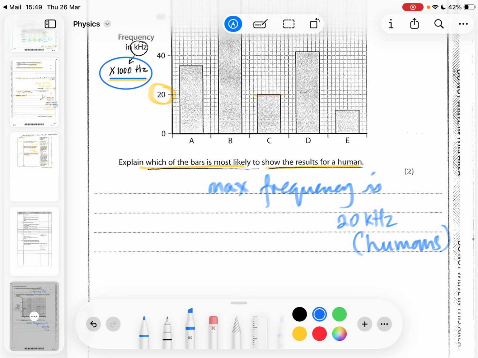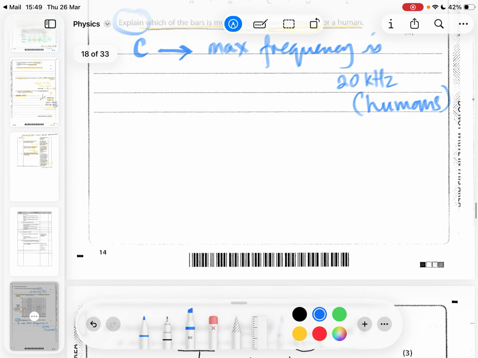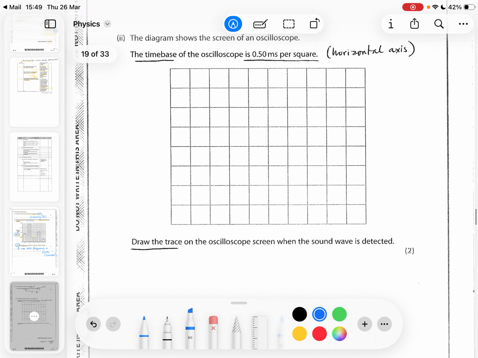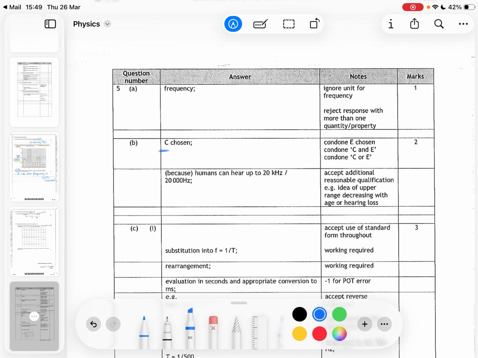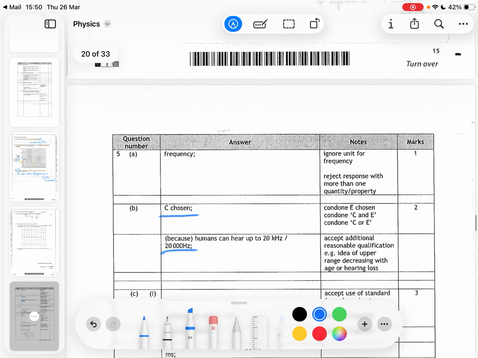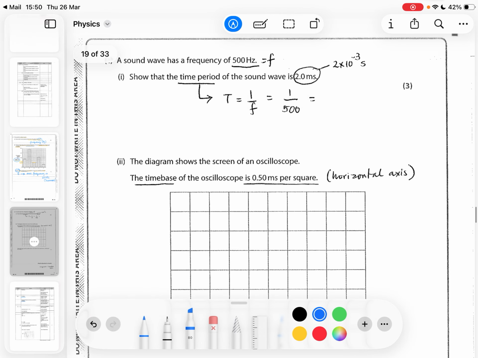So I'm guessing you'll get 1 mark for saying C and 1 mark for explaining it. You can look at the mark scheme and see how I did. Let's go straight there. Frequency C is chosen because humans can hear only up to 20,000 hertz. So I got the 2 marks there and the previous marks too.